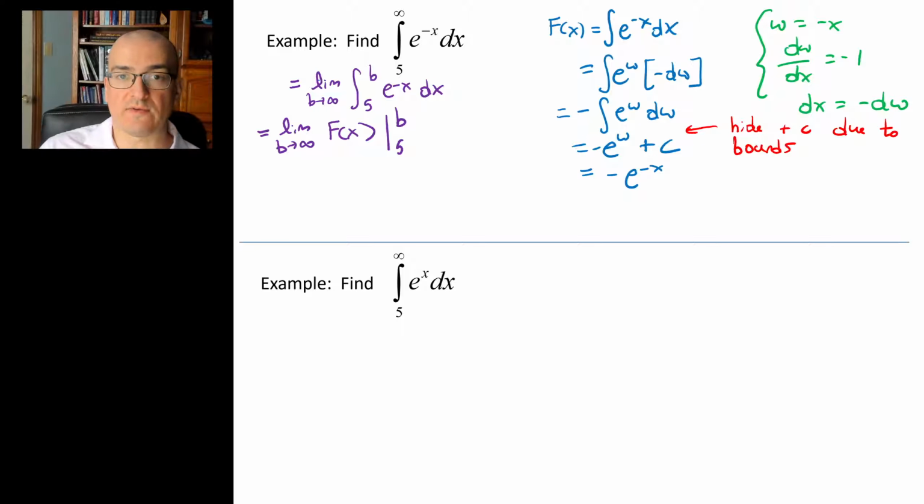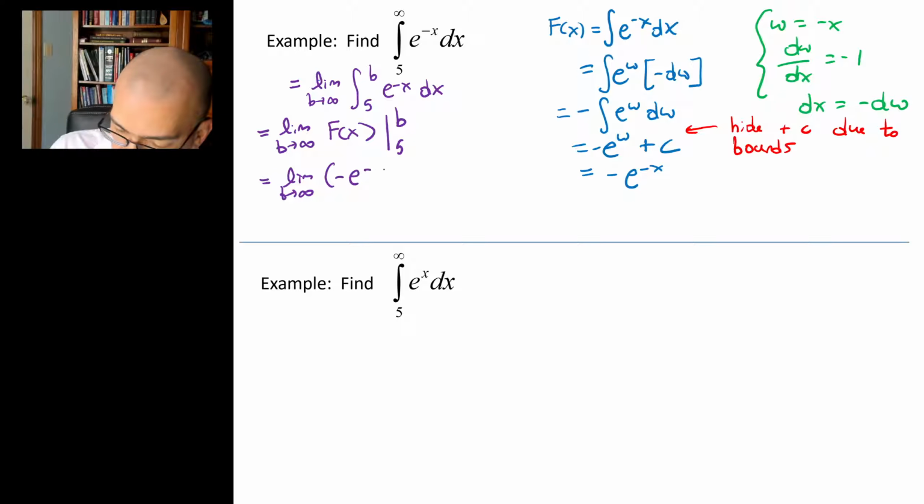This is the cleanest way to write it. You can do the substitution and change the bounds as well if you want, but it's a little bit more writing. It's a little bit more confusing too. This is the cleanest way. Okay, so limit as b approaches infinity of negative e to the negative x, evaluated from 5 to b.